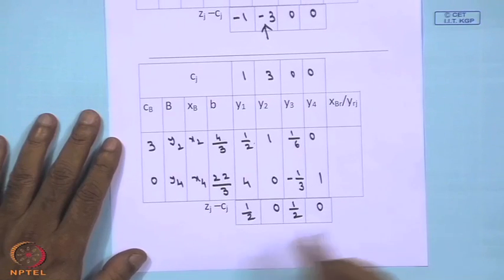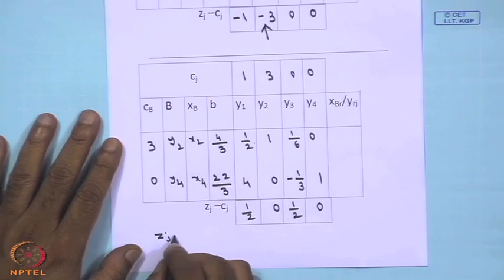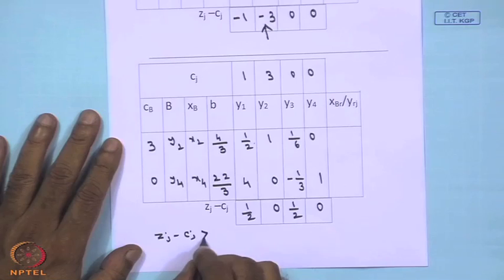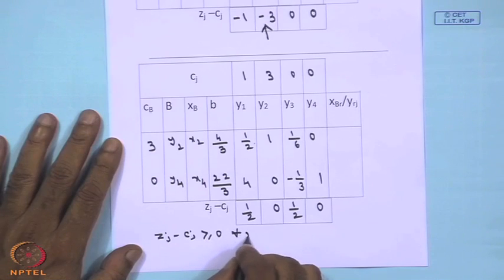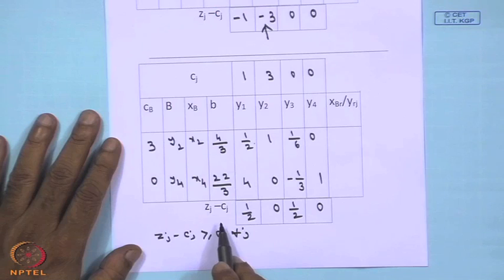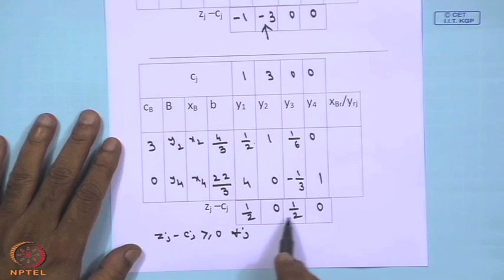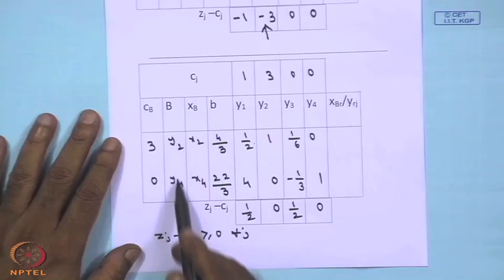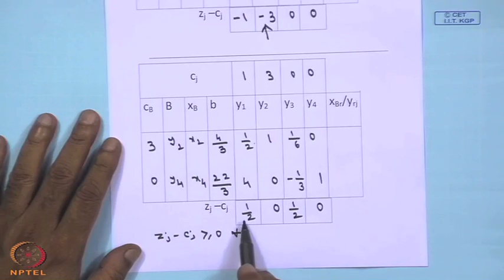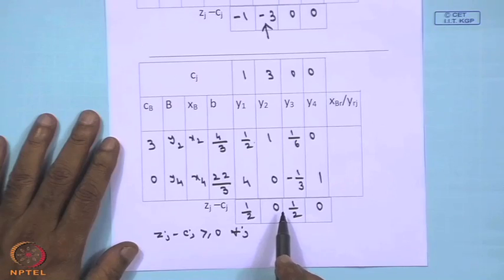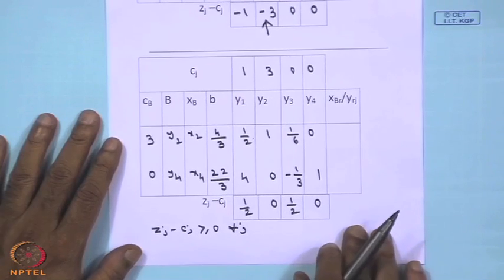So, here if you see, Zj minus Cj is greater than or equal to 0 for all j, and Zj minus Cj is greater than 0 for non-basic variables y1 and y3. y1 and y3 are non-basic variables. So, for y1 and y3 non-basic variables, therefore, as you know, you are obtaining the unique optimal solution.